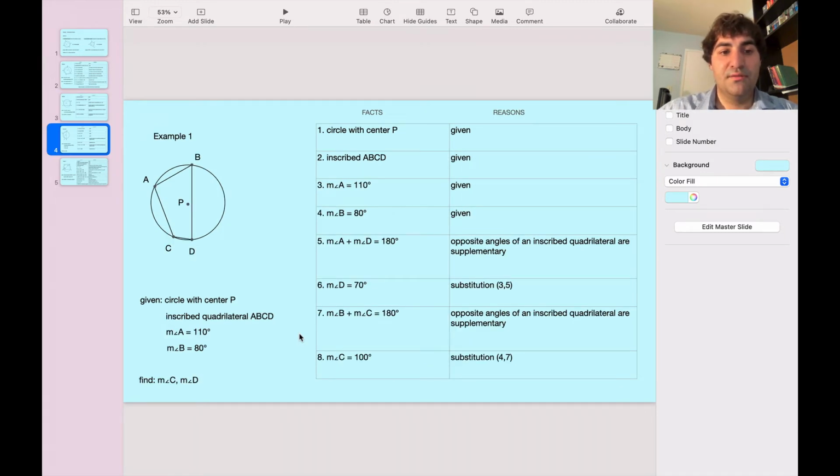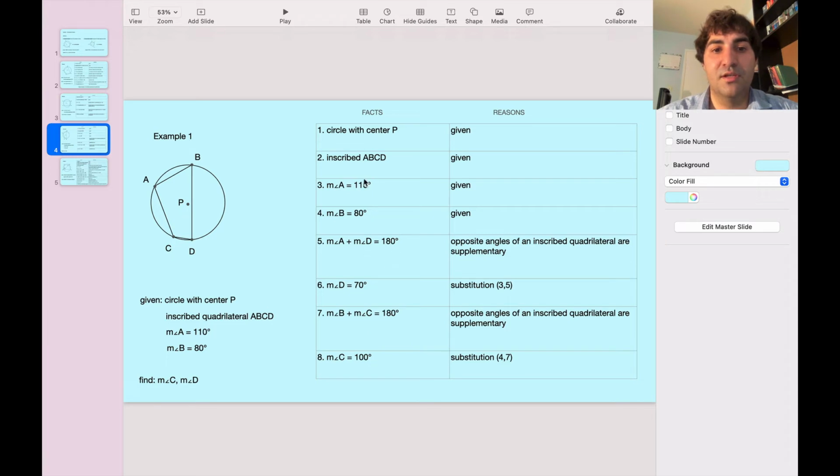Example 1, given a circle center P, an inscribed quadrilateral ABCD, measure of angle A equals 110 degrees, measure of angle B equals 80 degrees. Find the measure of angle C and find the measure of angle D. So I write down what we know, and angle A and angle D are opposite angles. Since opposite angles of an inscribed quadrilateral are supplementary, measure of angle A plus measure of angle D equals 180 degrees.